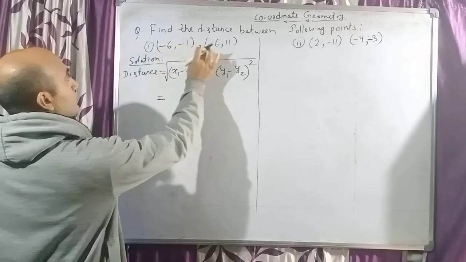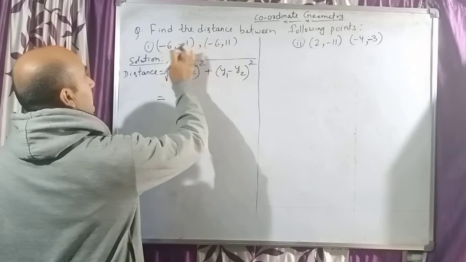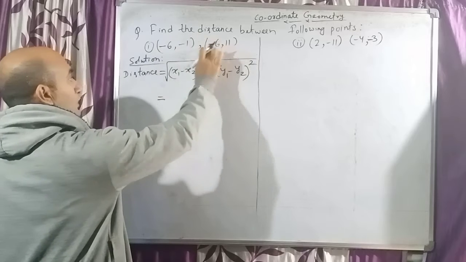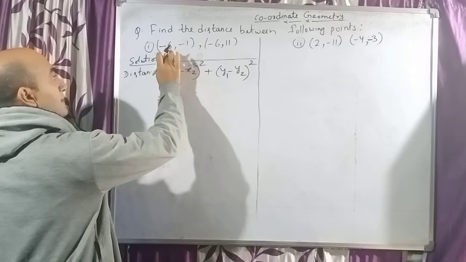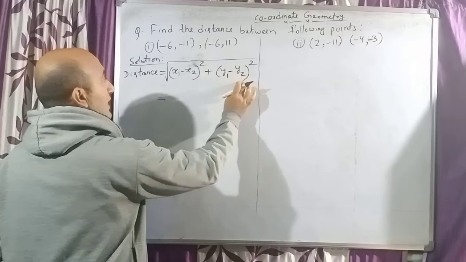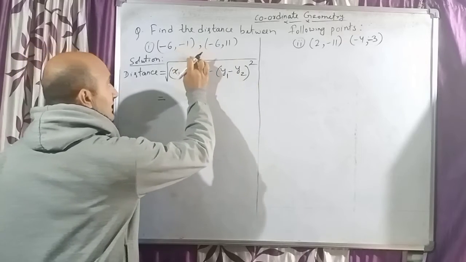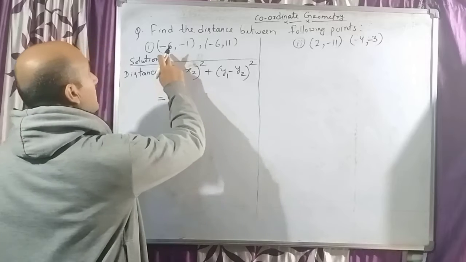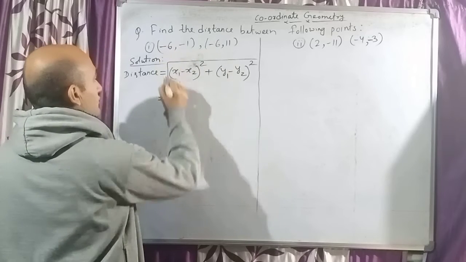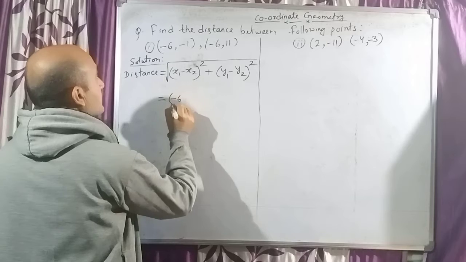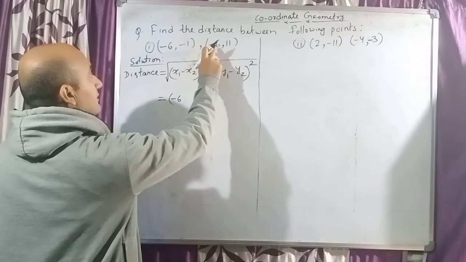Now both the first point, they are the points of x, and this is x1, this is x2. So x1 minus x2 means first subtracting with first, and y2 minus y1 means very easy, second subtracting with second. Very simple children. So let me subtract first with first. So my first number is minus 6 and minus 6.